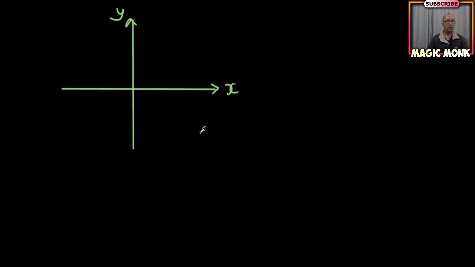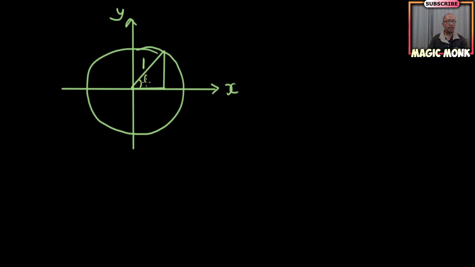If I draw a circle, and then I draw a triangle inside this circle where the radius of the circle is one unit.